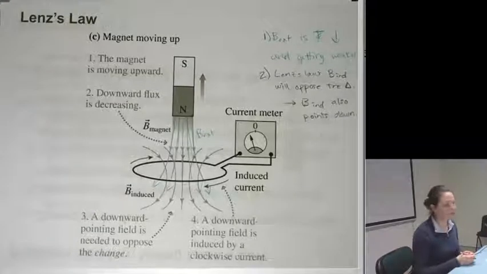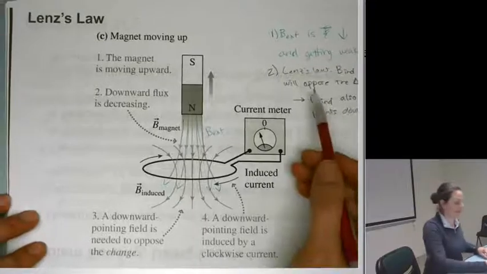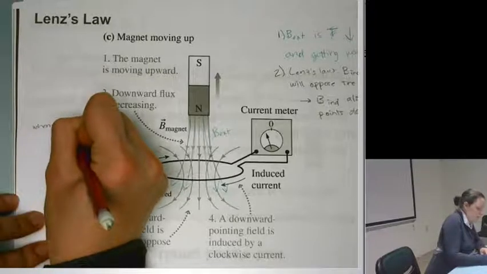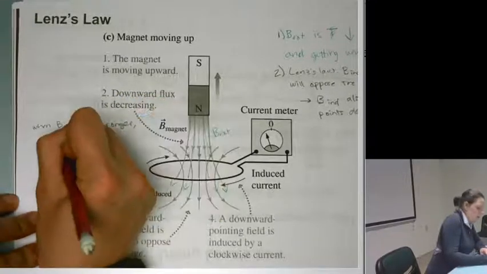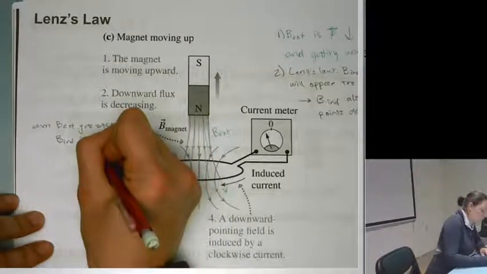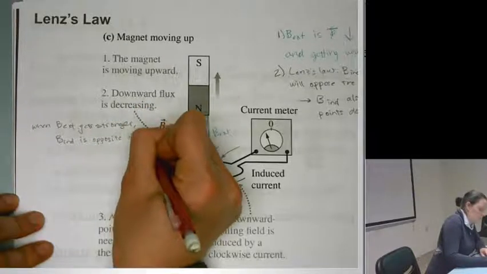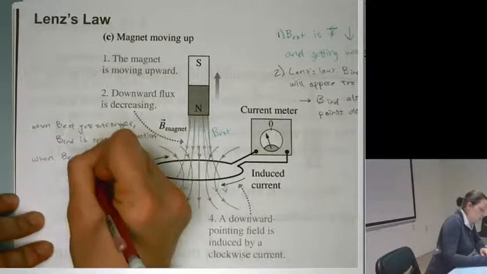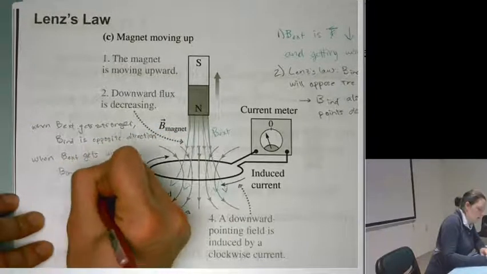Okay, so a rule that should be written in Lenz's law here is that when B external gets stronger, B induced is in the direction that's opposite to the external B. And then when B external gets weaker, B induced is in the same direction.